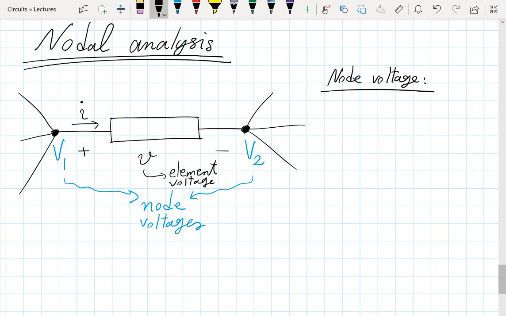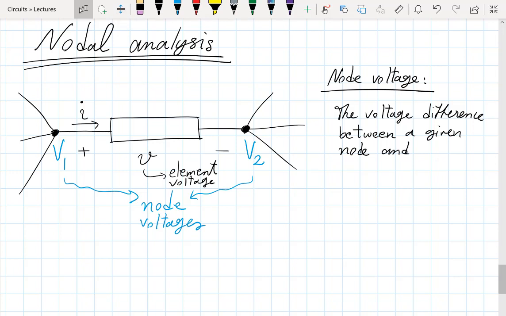So node voltage is actually a voltage difference, but difference with respect to one specific point that you have chosen as a reference. So it's the voltage difference between a given node and a fixed reference node.